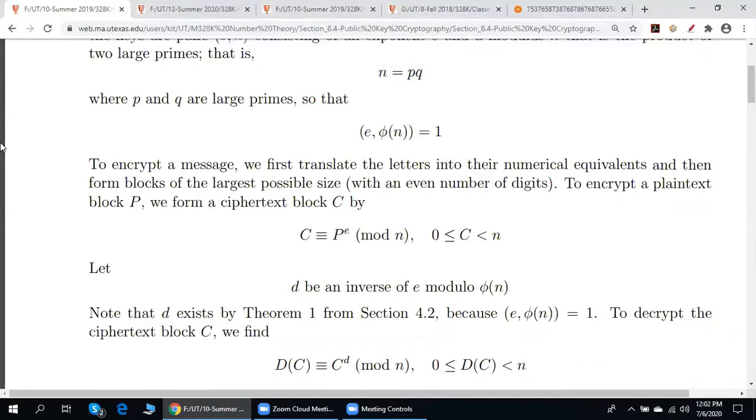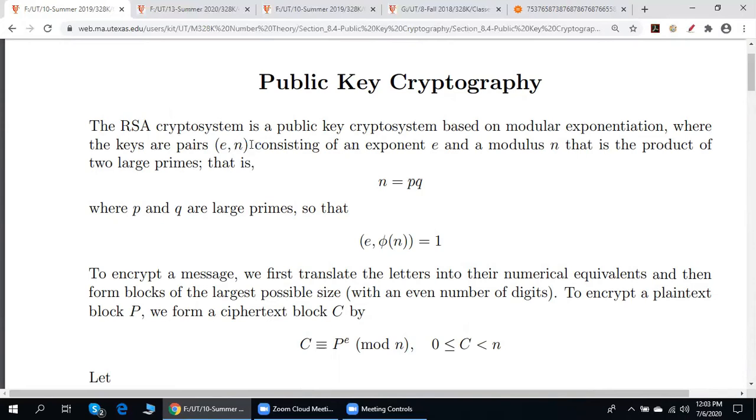I have a question. Yes. So when we're choosing e, does the person that's encrypting the message choose e, or is that chosen by the person who owns the private key d? I give to everybody not one, but two numbers. I choose these numbers. I give you e, I give you n.